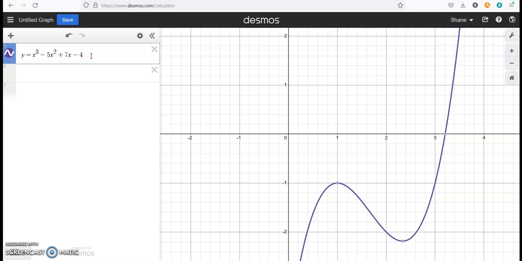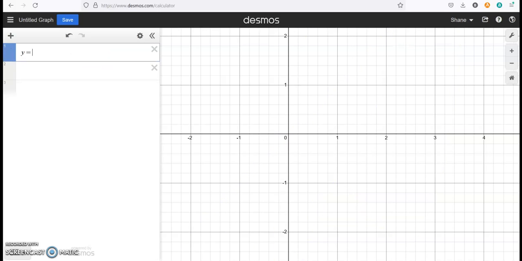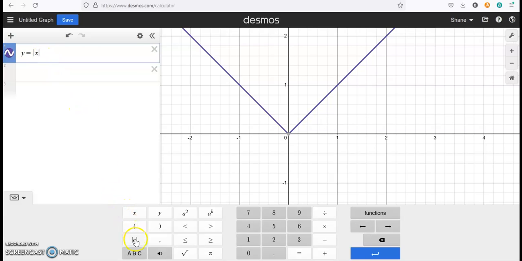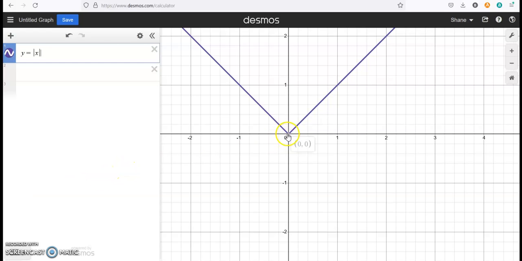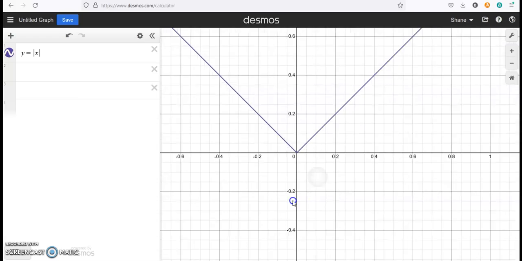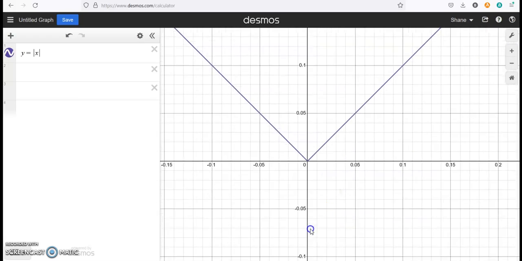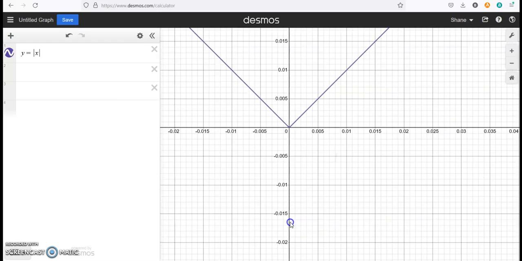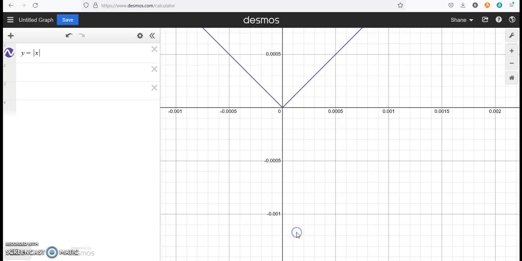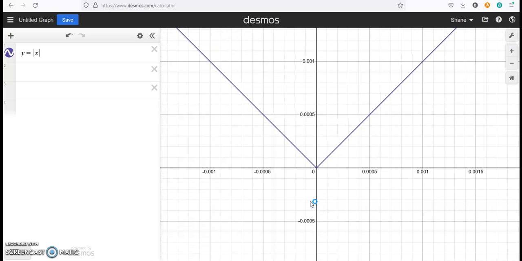Now let's suppose that I have a function that is not differentiable, like y equals the absolute value of x. It is not differentiable at this point right here, 0, 0. Since this function's not differentiable, that means no matter how close I zoom in on this point, it doesn't start to resemble a line at that point.